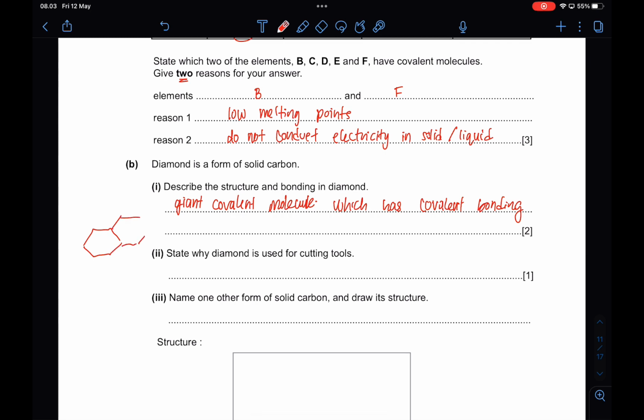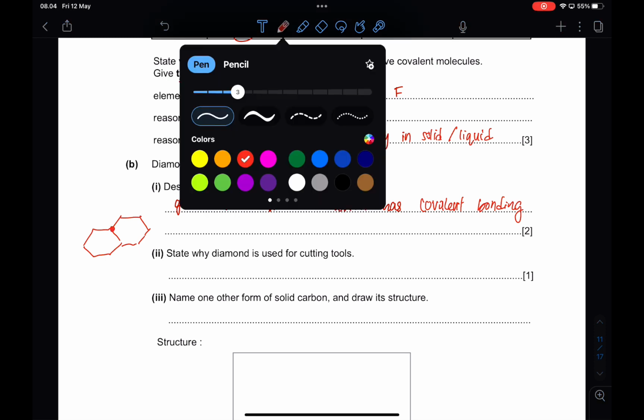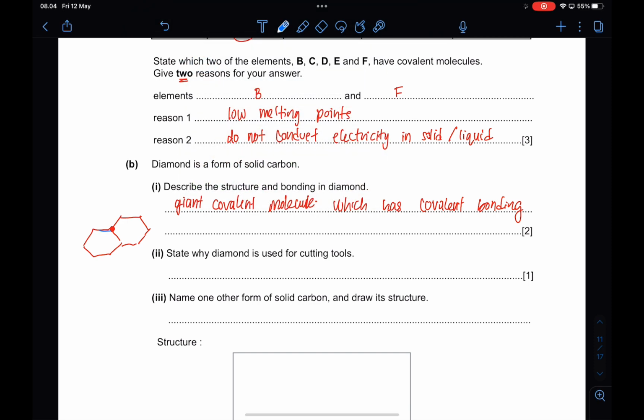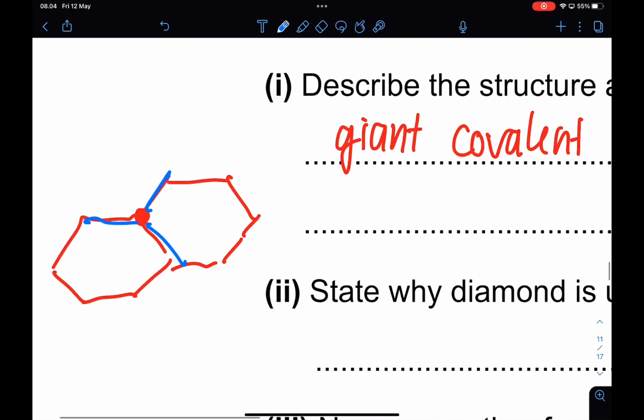They form a hexagonal structure, and they have many layers, like sheets of paper. So each carbon is bonded to how many other carbons? They are bonded to 3. 1, 2, 3. So it means that each carbon will have one free electron. If they have one free electron, it means there are delocalized electrons. The electrons can still conduct electricity within graphite.